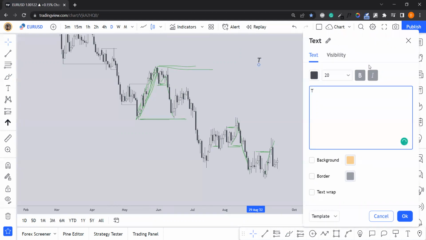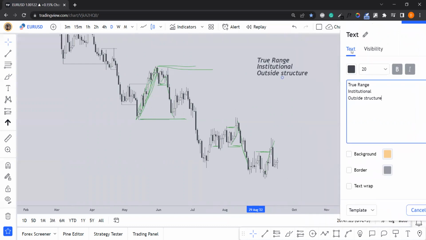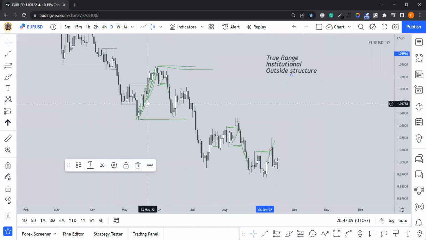So when we have ranges that are real, they are a true range, then institutional, then outside structure, yeah.